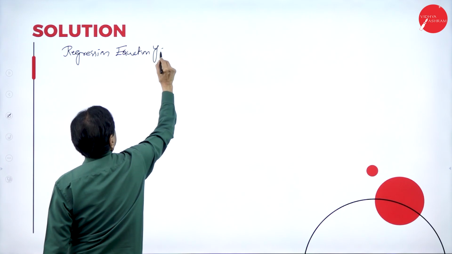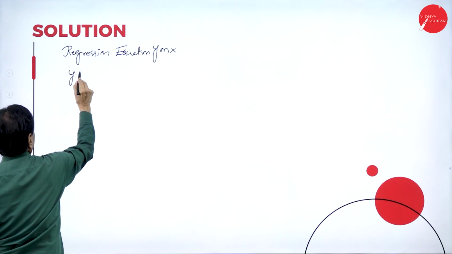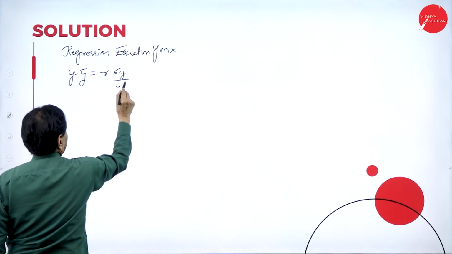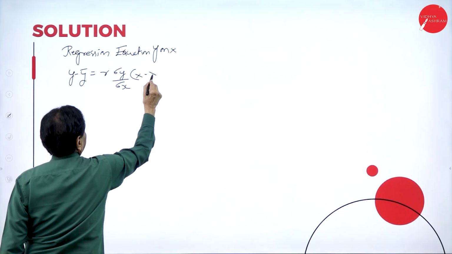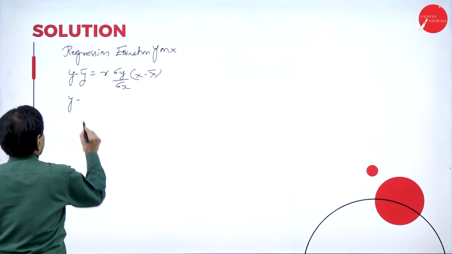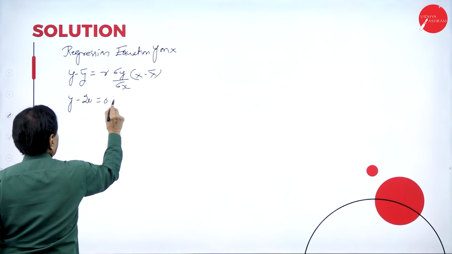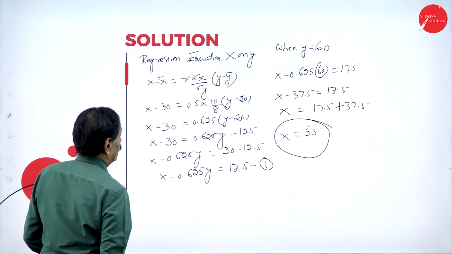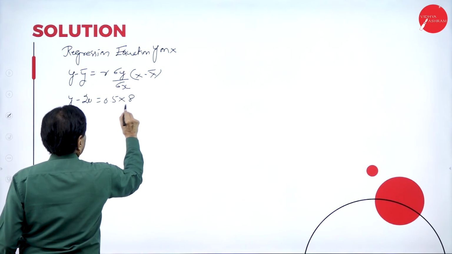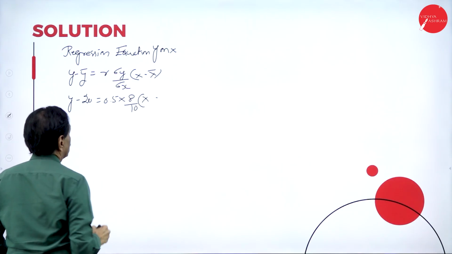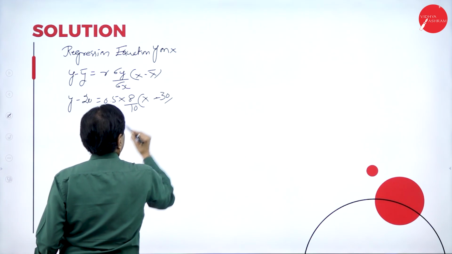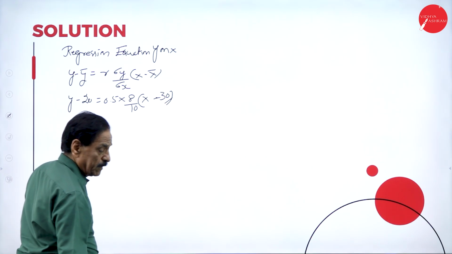Regression equation y on x: y minus y mean equals r into standard deviation y over standard deviation x into x minus x mean. Y minus y mean, which is 20. R is equal to 0.5. Standard deviation y, 8 divided by 10. X minus x mean is 30. Simplify.